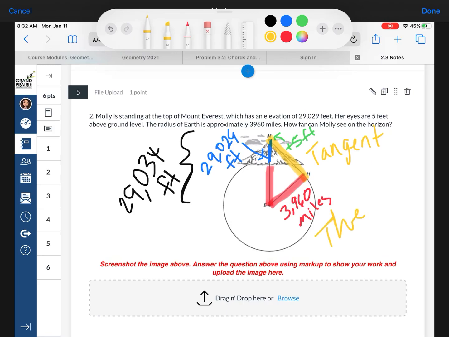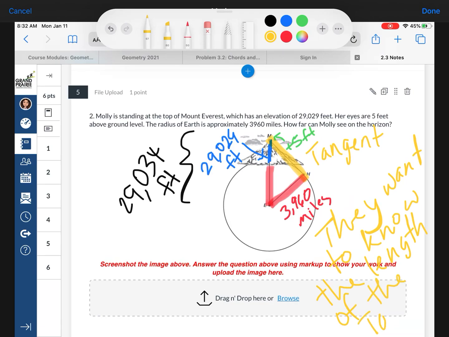They want to know the length of the tangent line. Okay? They want to know the length of the tangent line.